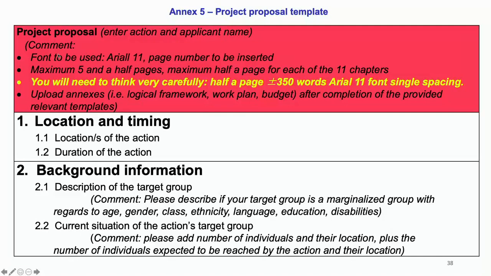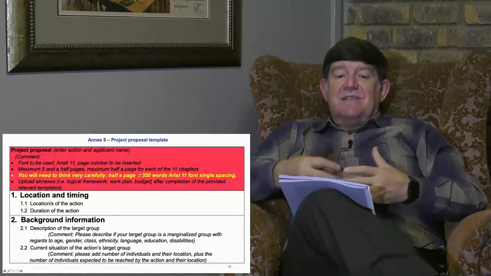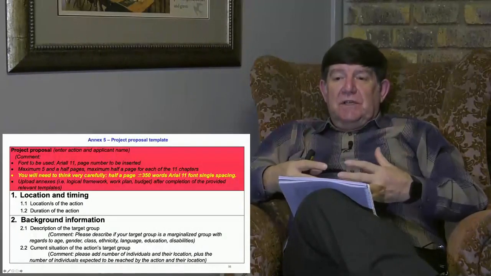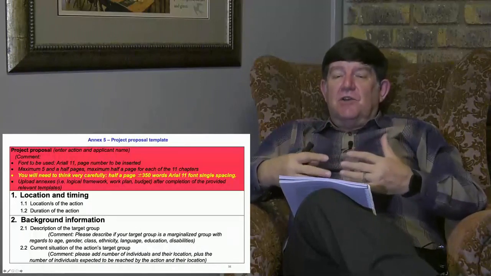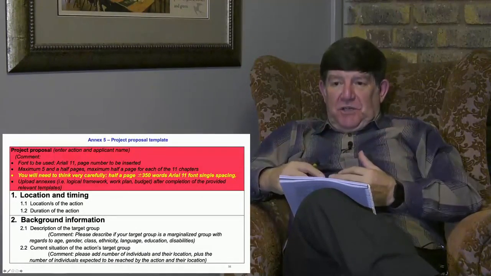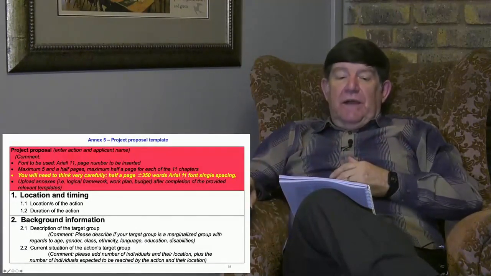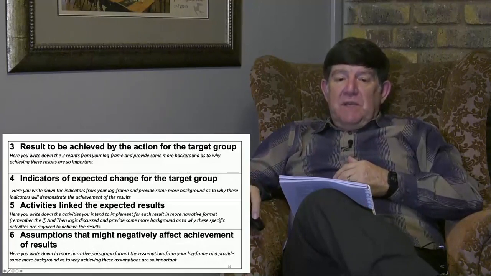This is where you refer back to your log frame. This is the problematic or challenging situation we define, this is how we're going to develop the solution, and this is how this situation is going to be improved at the end of this project. This is what we require in background section 2.